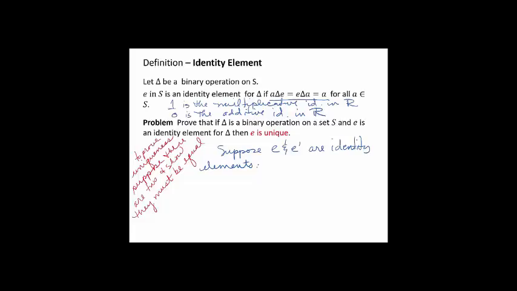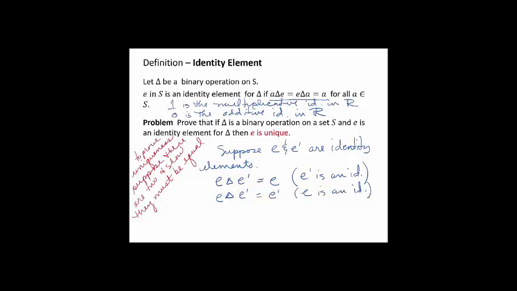Look at this. E delta E prime is equal to E because E prime is an identity. And E delta E prime is equal to E prime because E is an identity.